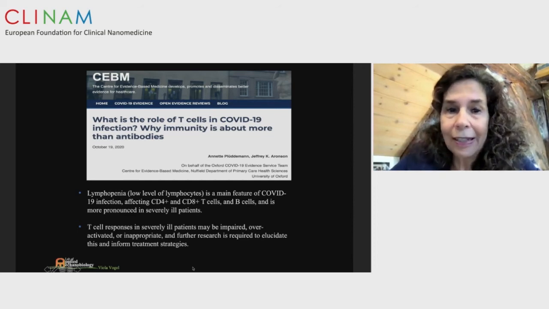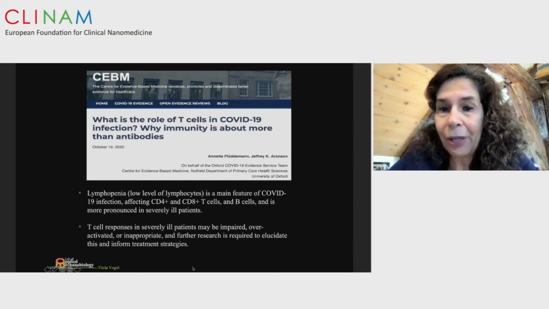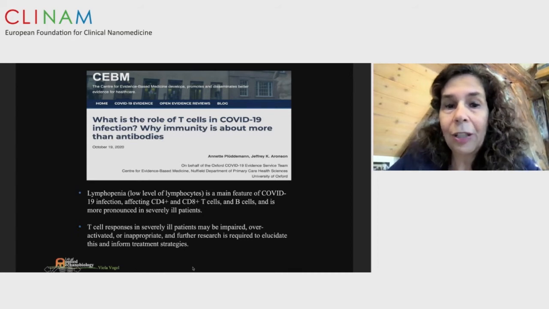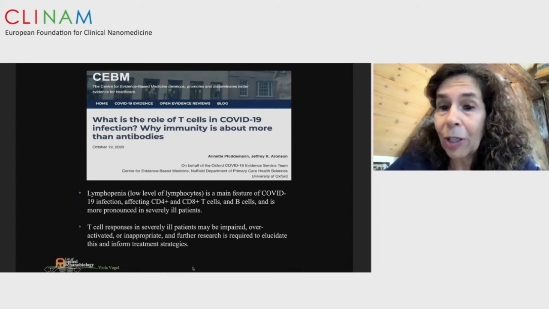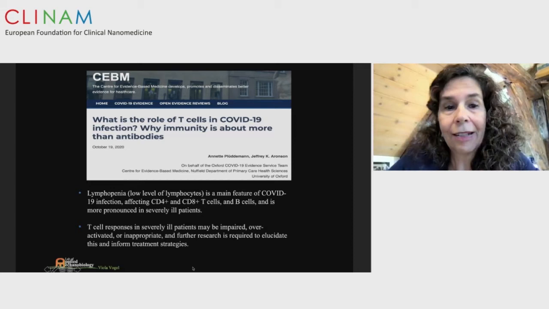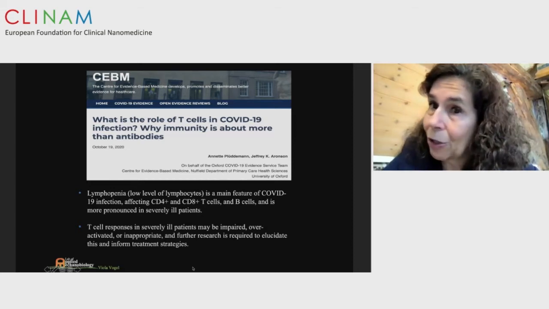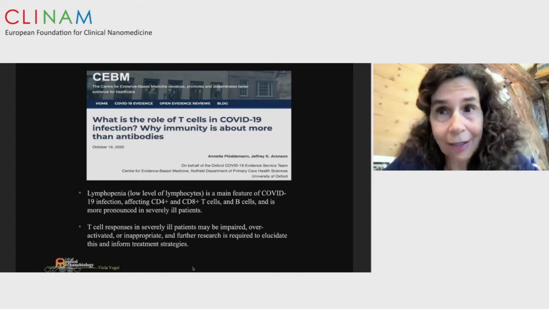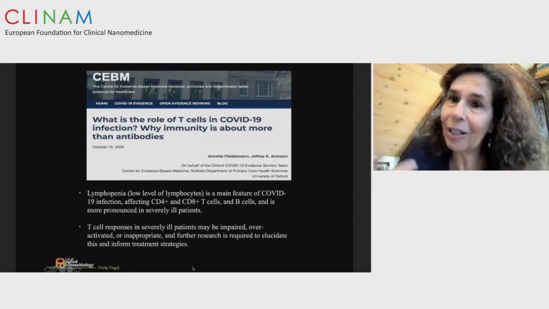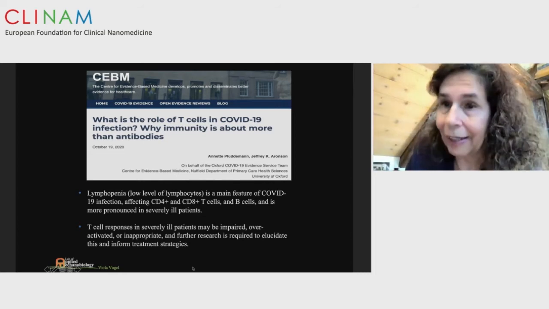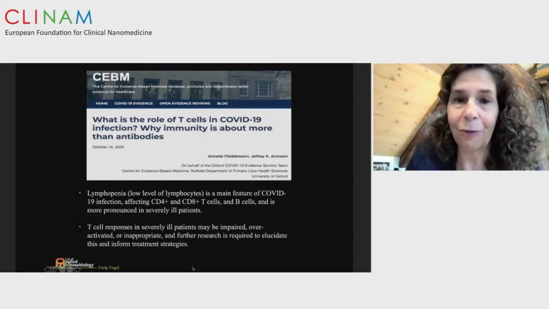T-cell responses in severely ill patients may be impaired, overactivated, or inappropriate, and further research is required to elucidate this and inform in order to improve on treatment strategies. So a similar theme to the theme that Nikhil discussed in the context of macrophages.